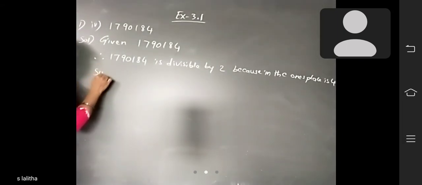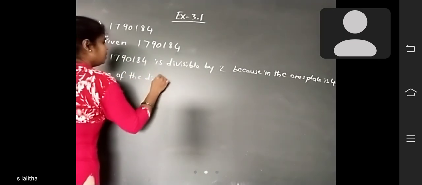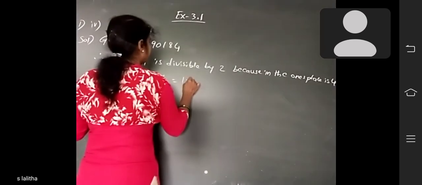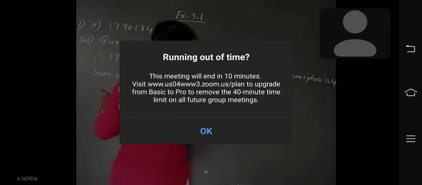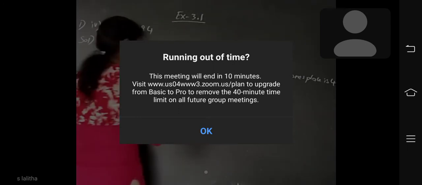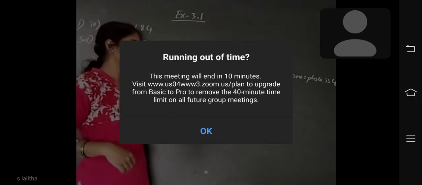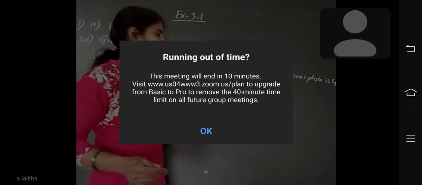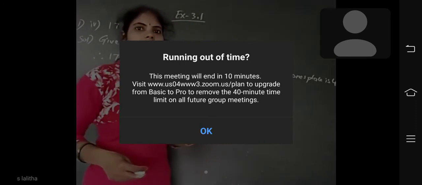Next, sum of the digits. We have to add all the digits, children. 1 plus 7 plus 9 plus 0 plus 1 plus 8 plus 4. 1 plus 7, 8. 8 plus 9, 17. 17 plus 0, 17. 17 plus 1, 18. 18 plus 8, 26. 26 plus 4, 30.